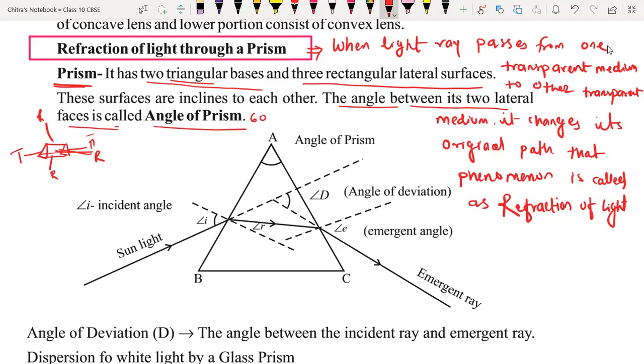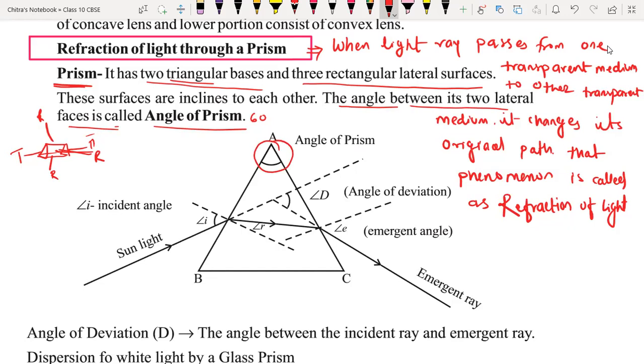Sometimes it changes, but generally it is 60 degrees, so we can say an equilateral triangular prism.